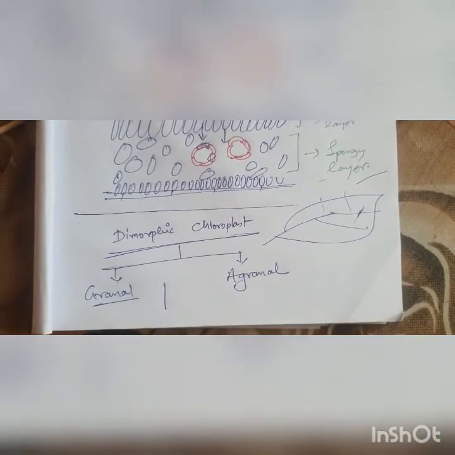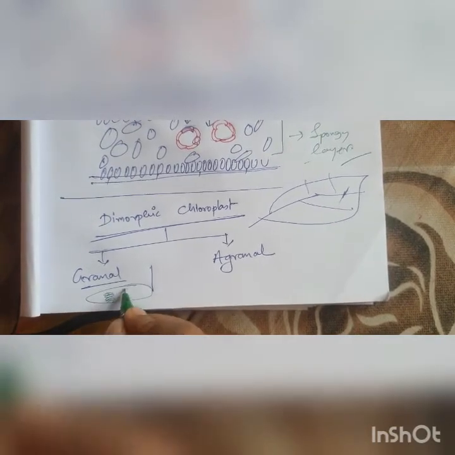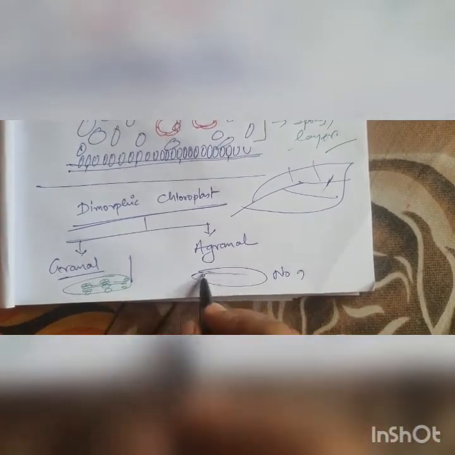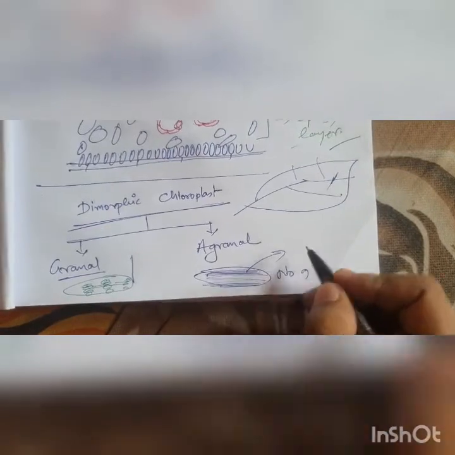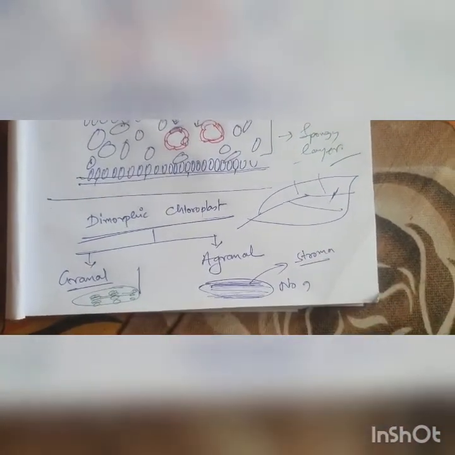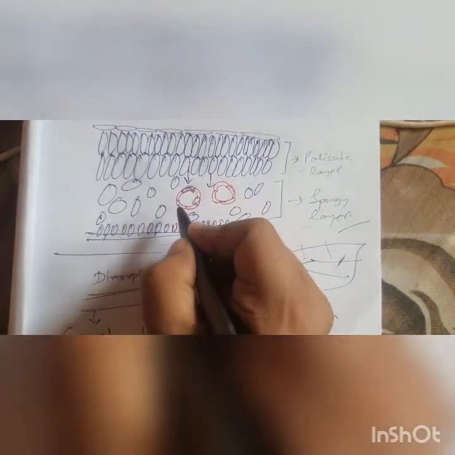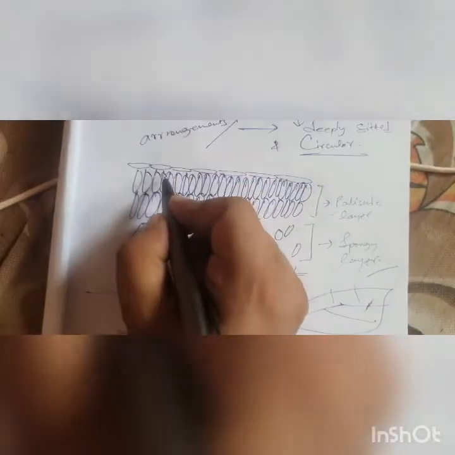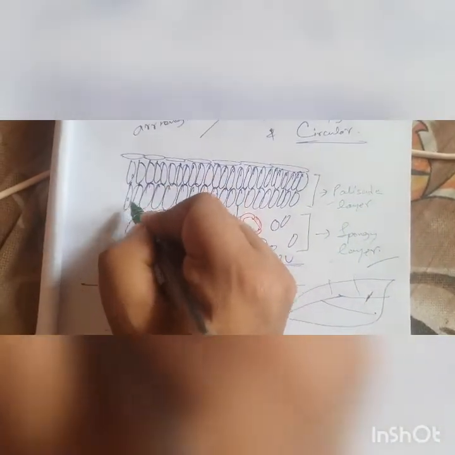Some chloroplasts have grana in them, and there are some chloroplasts which do not have grana in them. No grana, just the stroma part. These are agranal chloroplasts. And remember, the agranal chloroplasts are situated in the bundle sheath cells. And the granal chloroplasts are present in the mesophyll cells, like normal plants.